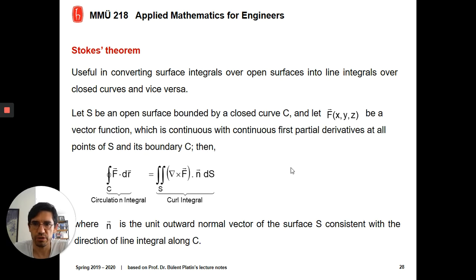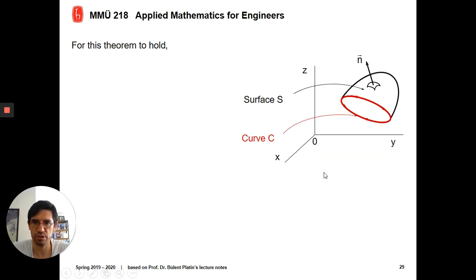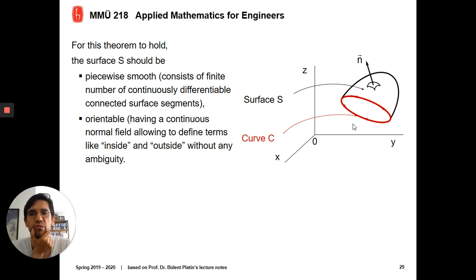Now, I'm not going to repeat what I have been saying all over the handwritten notes, and these are just repetitions. You can see that I have a kind of an open volume, right? In this case, I don't have a closed volume. It's like a surface that is bent and forming a volume inside, but it's not crossing over itself.